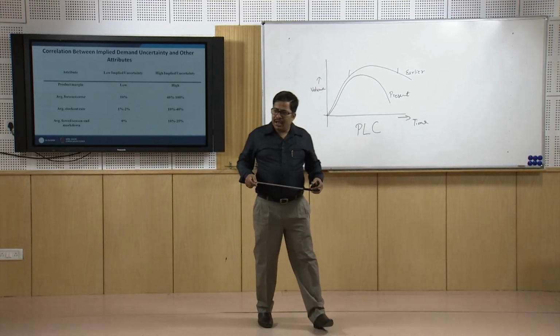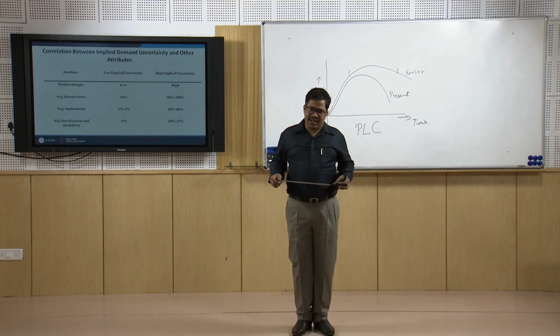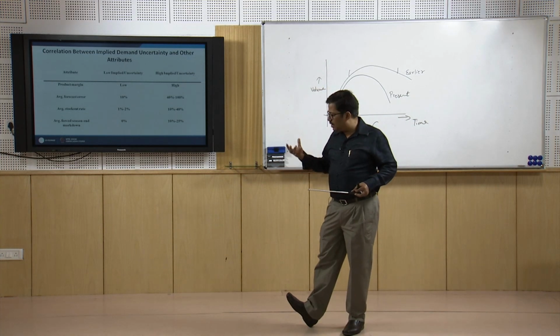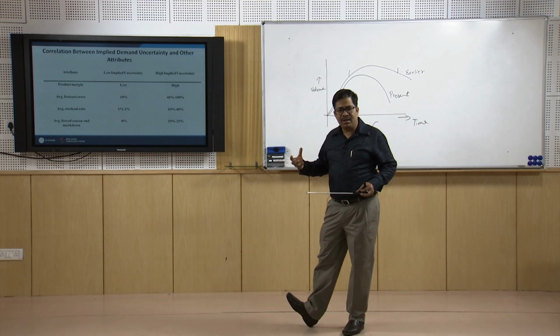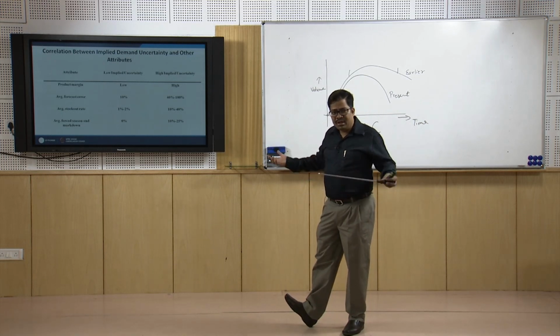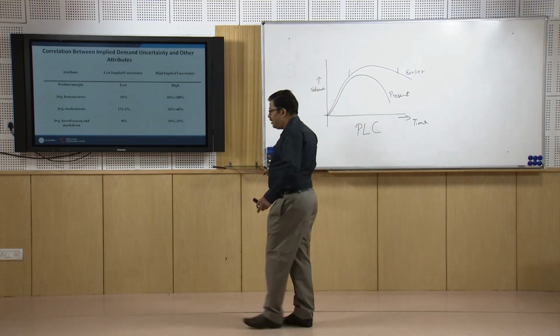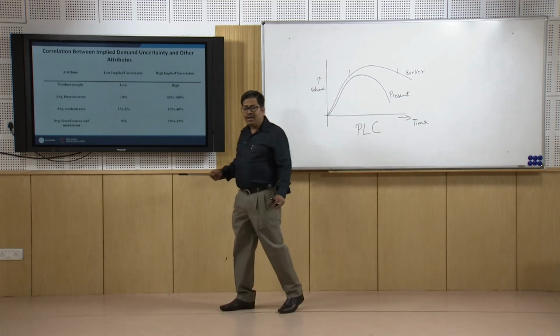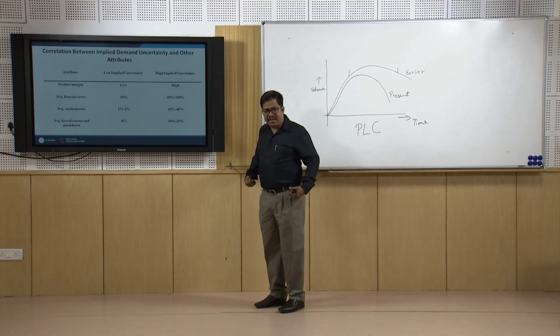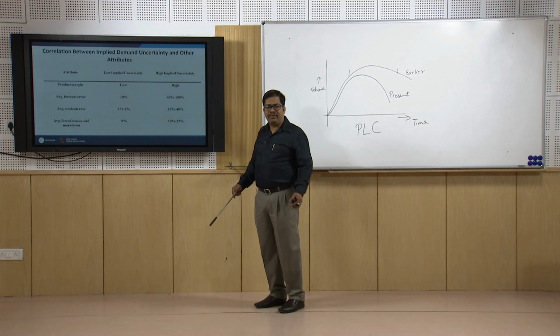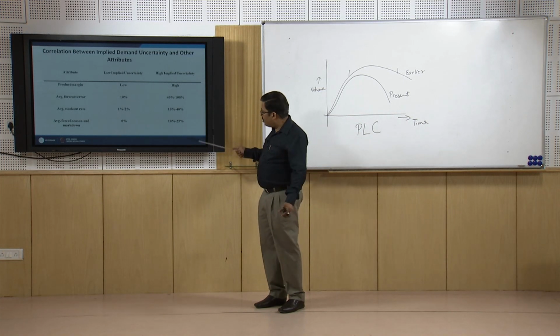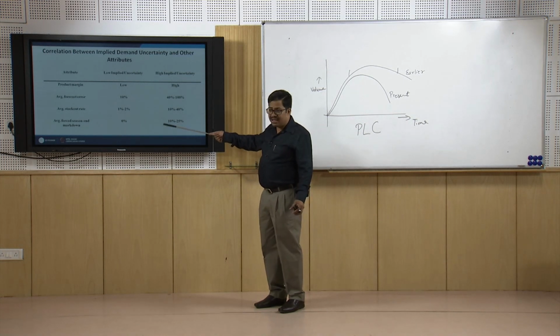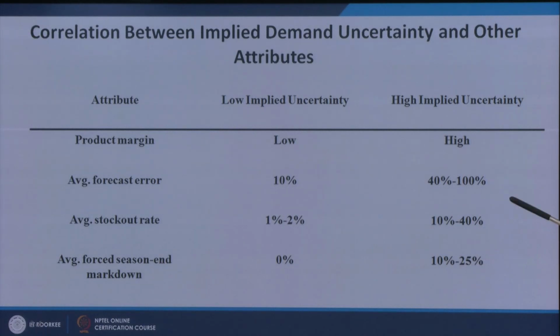You never find any kind of end of season sale on products like salt, grocery items or wheat items. There is no such concept, but you find a lot of end of season sales for garments, for shoes and for many other products, because of forecasting errors and because you are piling up inventories.